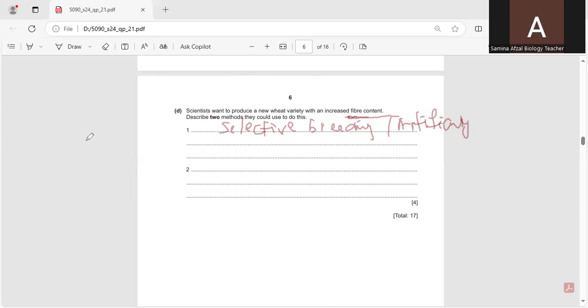And secondly, the process will be genetic modification. In this process, the modification in the genes will take place. That is, they will use those genes which give increased fiber content, and for this purpose they will make use of a vector, so the transfer of genes will take place by this genetic modification.